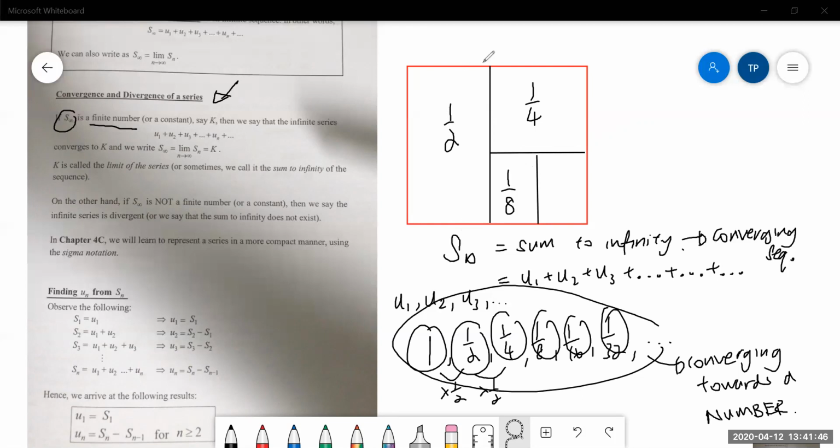Then I'm going to add 1/16. Then I'm going to add 1/32. Then I'm going to add 1/64.